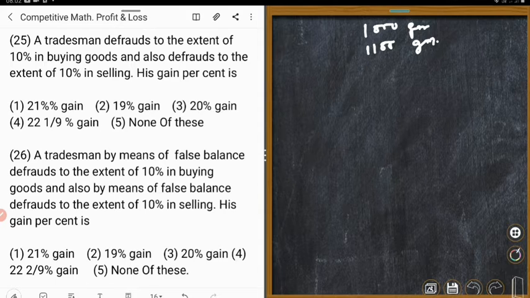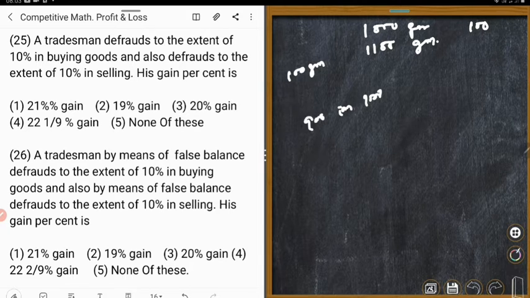Instead of 1000 gram, he sells 900 grams. Could you understand? He brings 1100 gram instead of 1000 for Rs 100. Here he gets 100 grams of profit. Right? He sells 900 grams instead of 1000 gram.